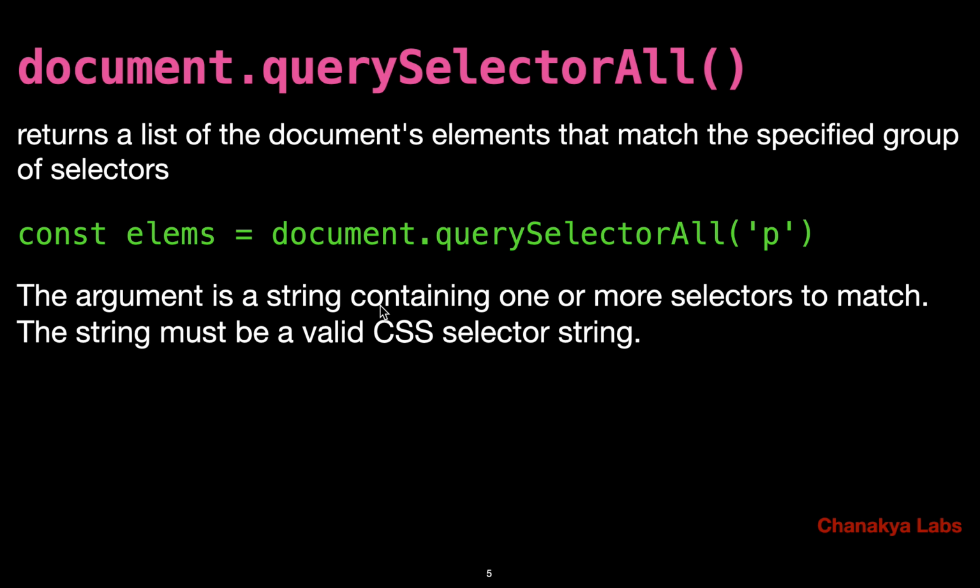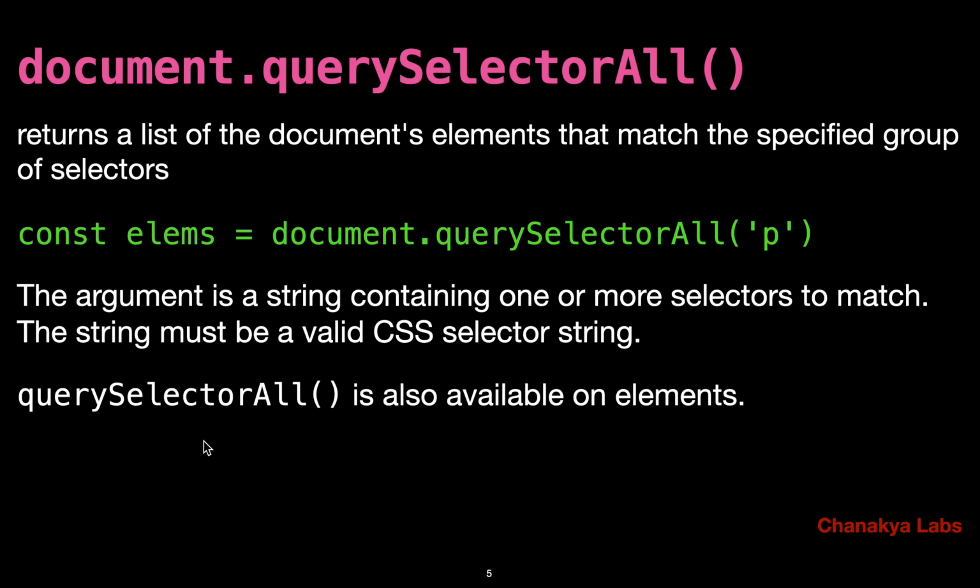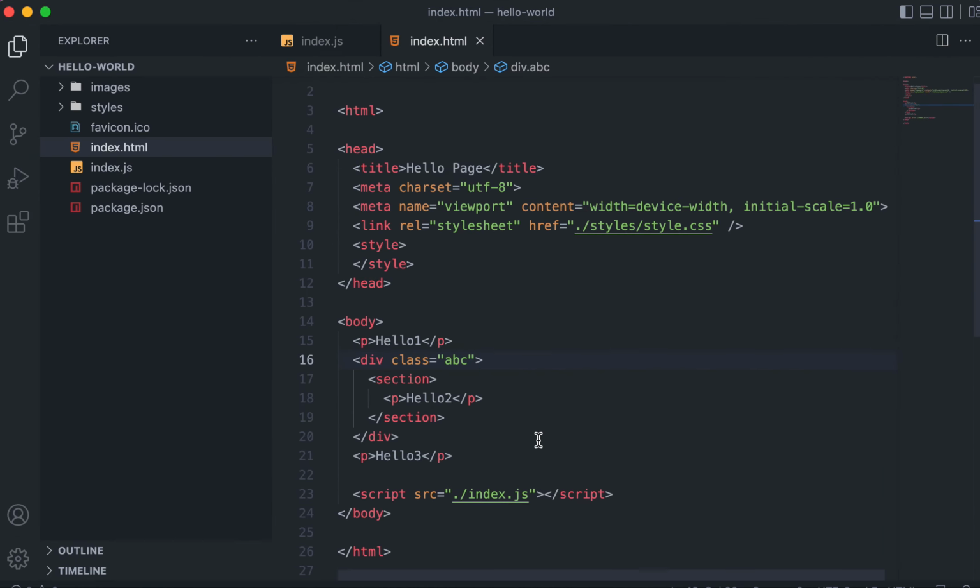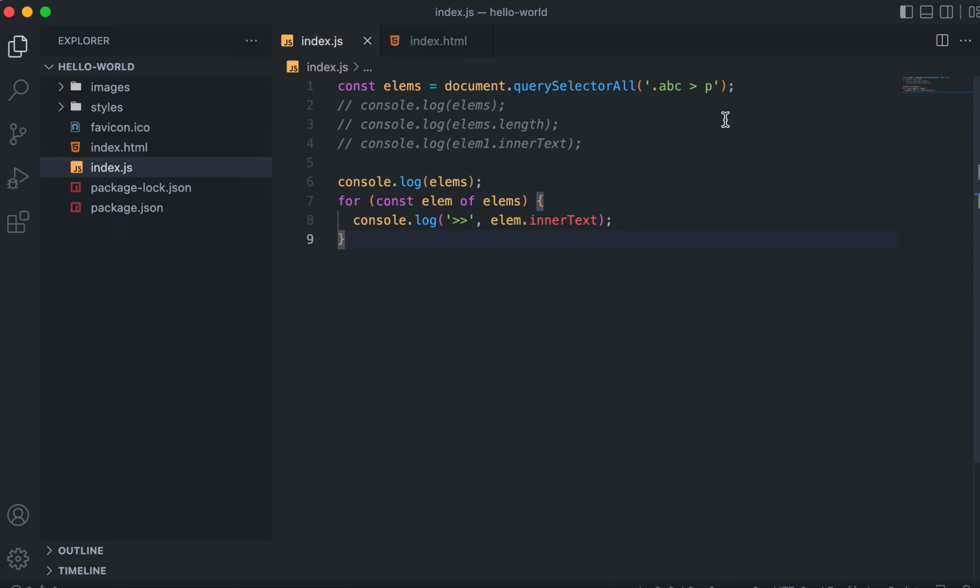Okay, and again here also this should be a valid CSS selector, and querySelectorAll is also available on elements, which means that you can very much have something like this, where you are saying I just want this thing.